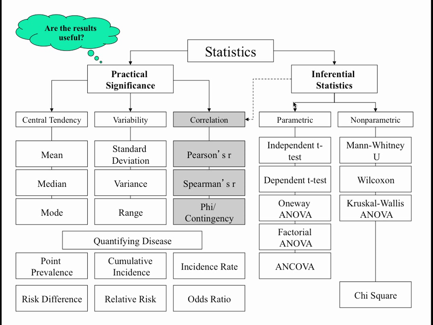And so that's why there is the dotted line also attaching correlation to the inferential statistics. We'll see more about that relationship later on. But at this point, just remember that a correlation coefficient itself is a descriptive statistic.